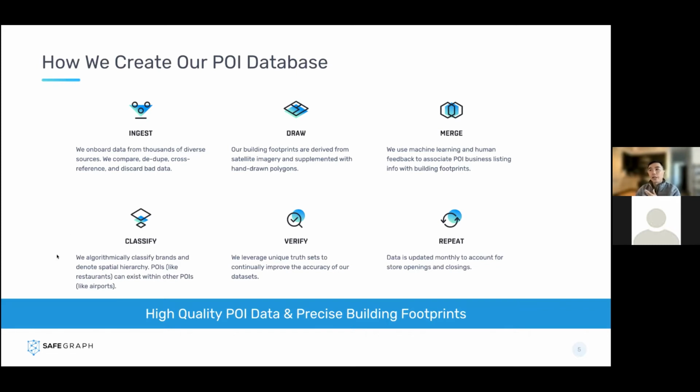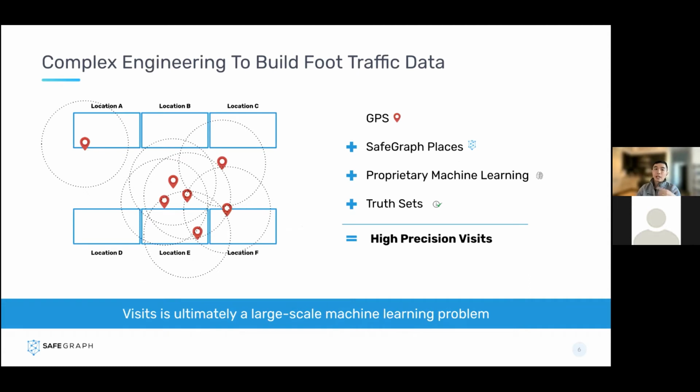Okay, so this slide I was talking about how we create our point of interest database, our core and geometry data. And the reason that's important for the patterns data is because these are both input data sets into our patterns model. So what happens here is that we have these anonymized GPS pings, which can show up in this toy representation here, where you have different pings with different timestamps.